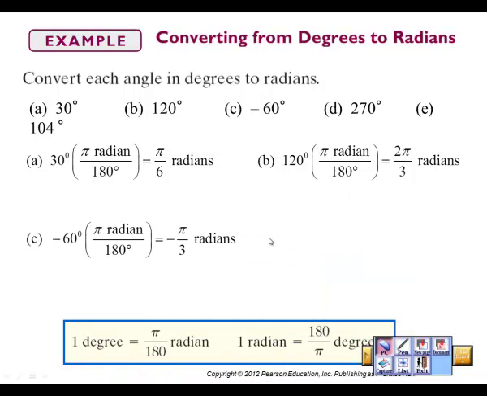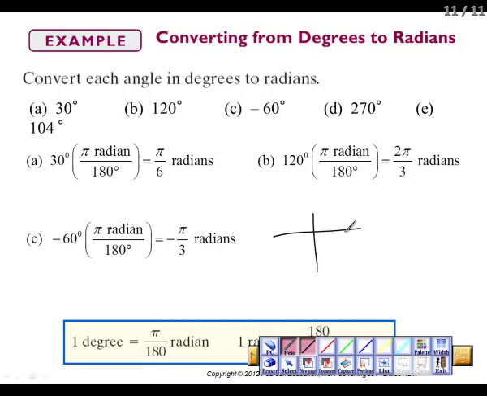So it's a fraction of pi. Alright, and so the next one, negative 60 degrees, that's going to go in the clockwise direction. You would take negative pi radians over 180 times 60, so that would be 1/3, and the negative carries over, so it's negative pi over 3 radians.